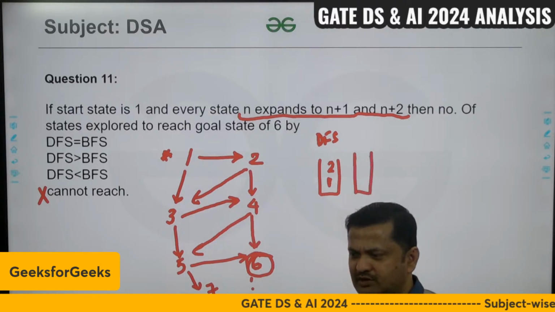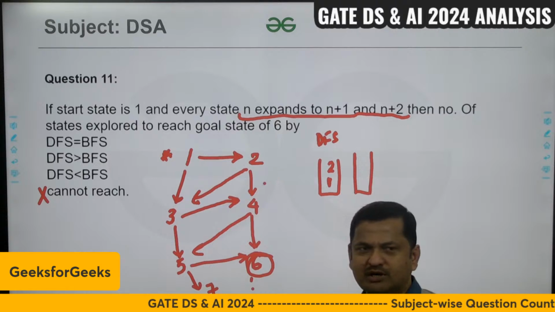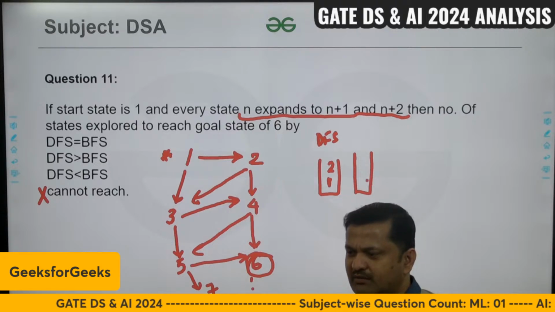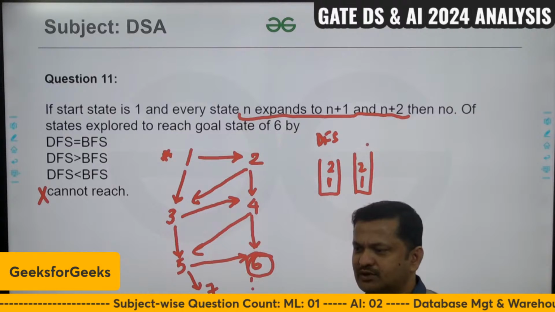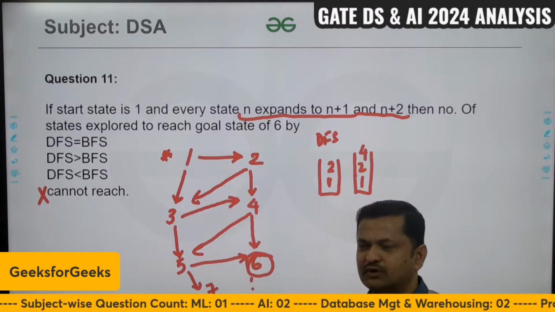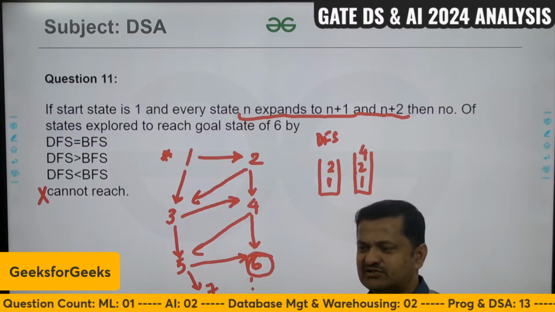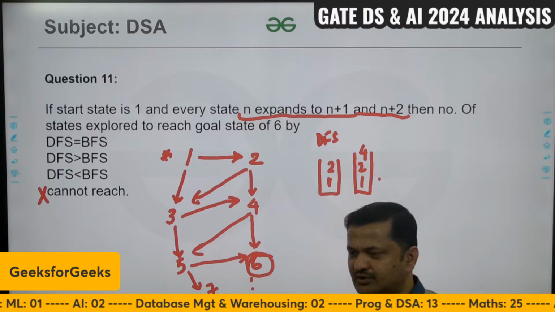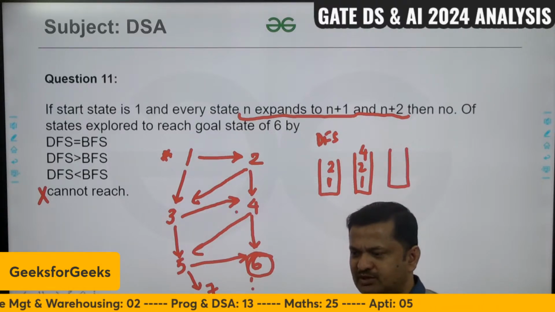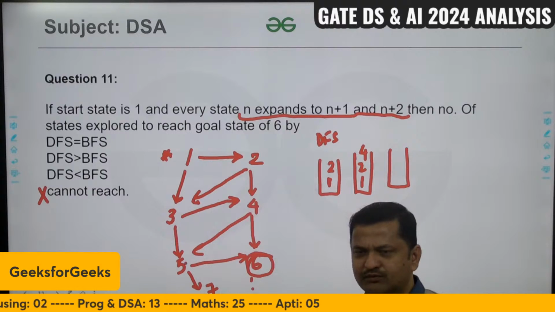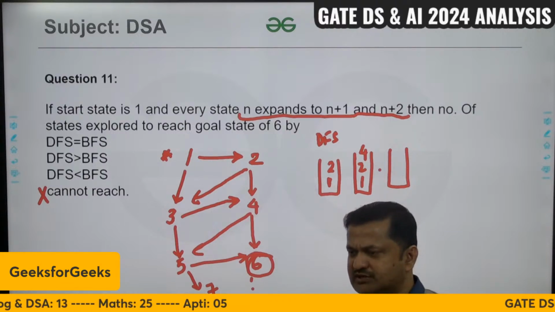Then I'll move from 2. There are again two possibilities, to reach 3 or 4. So I'm taking the shortest path, so that you can visualize that I am just looking for the fastest way to reach the goal, number 6. Then after 4, we can move either to 5 or reach 6.